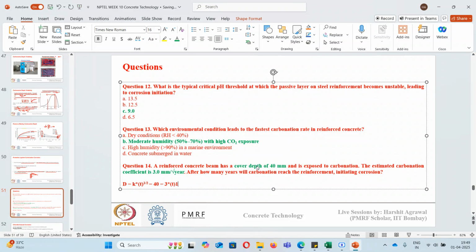So this T will define the time it will take CO2 to reach the depth of 40 mm if the carbonation coefficient is 3 mm per under root year. If we solve this equation, what will come? T will be equal to (40 by 3) whole square.